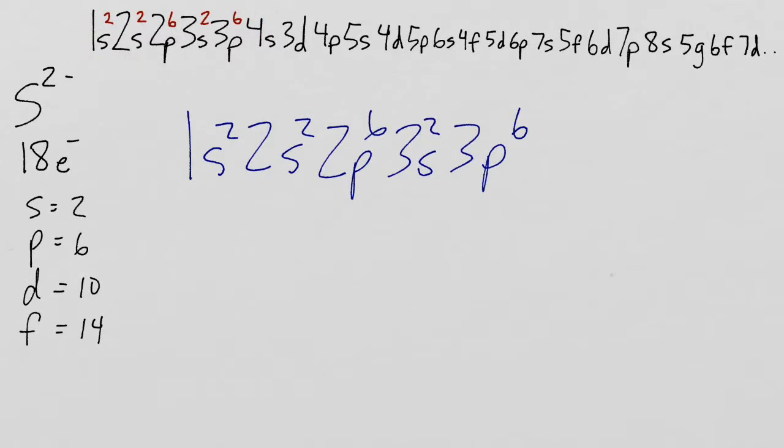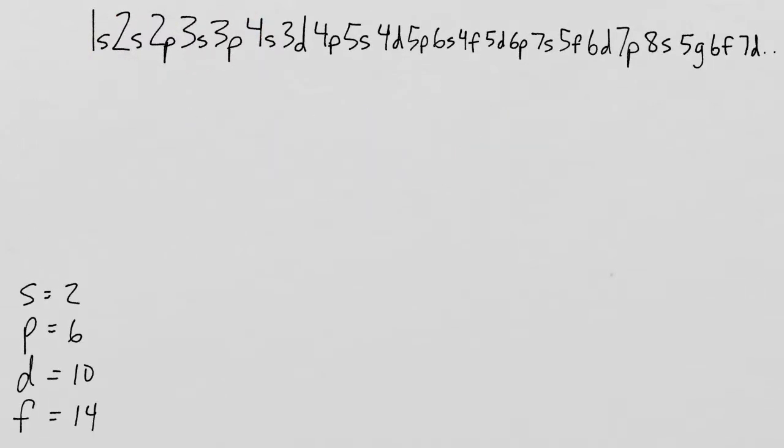Alright, let's pick something new, like gallium. Gallium has, if you look at the periodic table, 31 electrons. So we're just going to go through and fill in all of these electrons. So 2, 4, 10, 12, 18, 20.